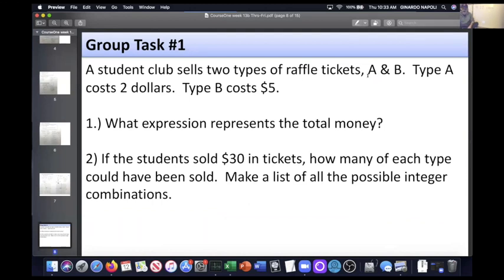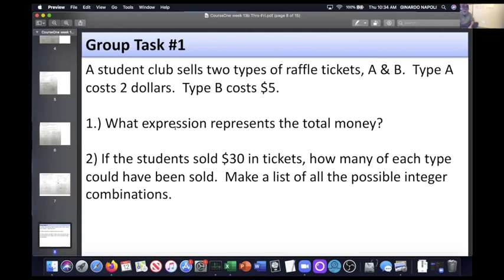The type A raffle ticket only costs $2, whereas the type B raffle ticket costs $5. There's going to be two different prizes when they draw randomly a ticket out of the big A bucket, and when they draw randomly a ticket out of the big B bucket of all the tickets. So these are two separate drawings. One just costs more than the other.